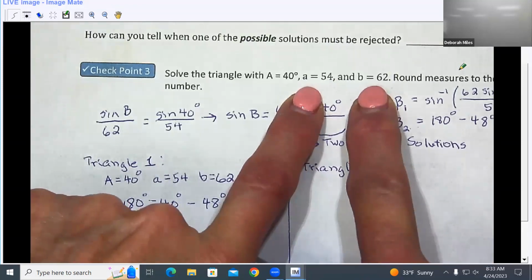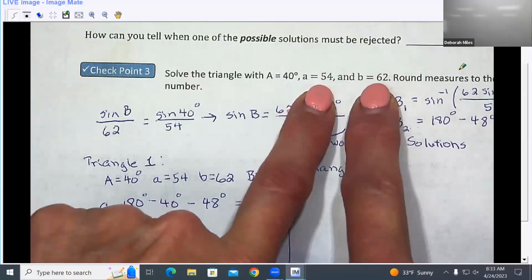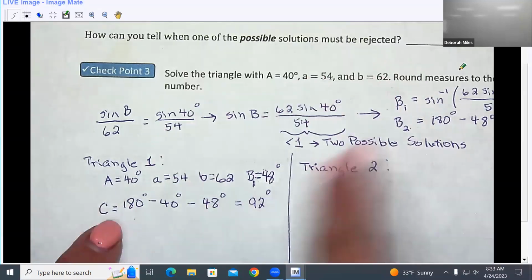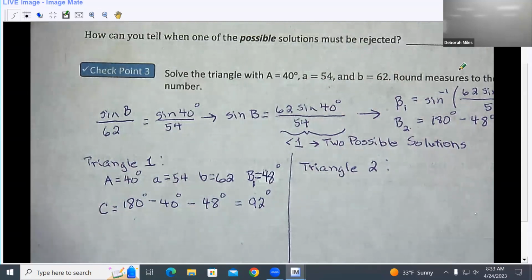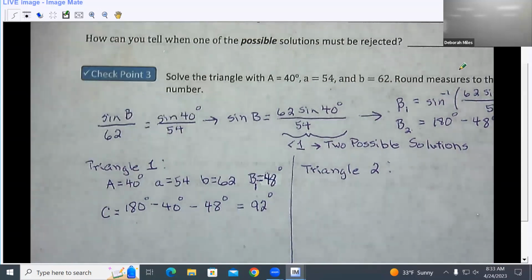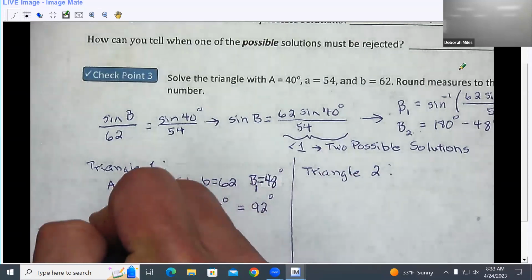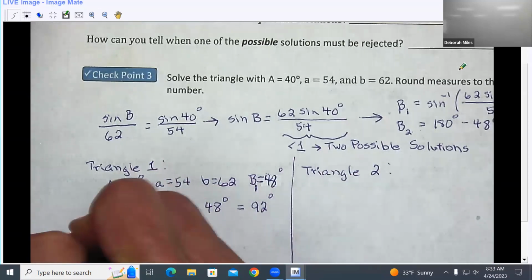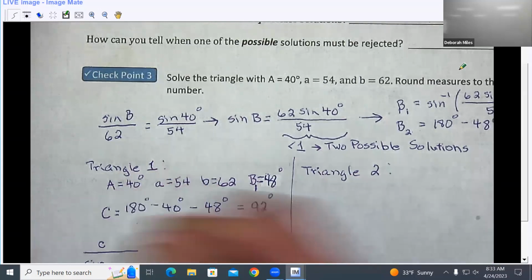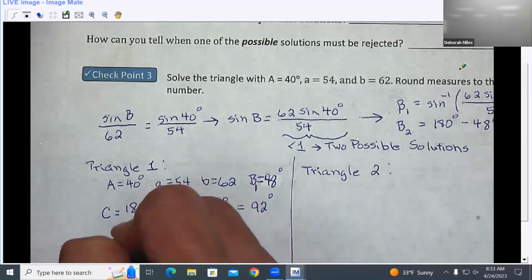No, this is not a right triangle. I know all 3 angles and none of them are 90 degrees. So I have to use the law of sines. I'm looking for side C, so I'm going to put side C in the numerator over sine of angle C.